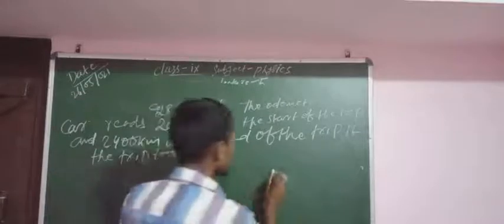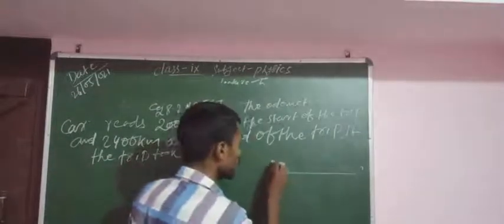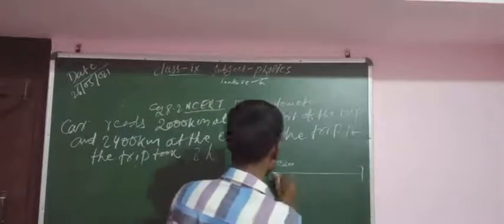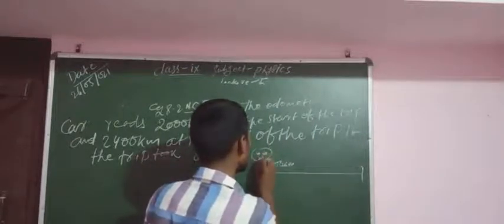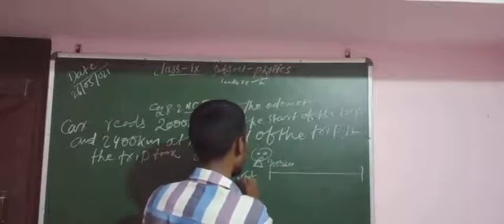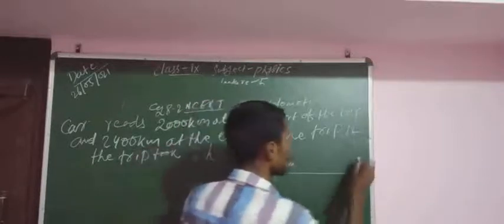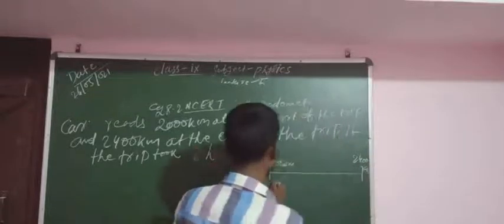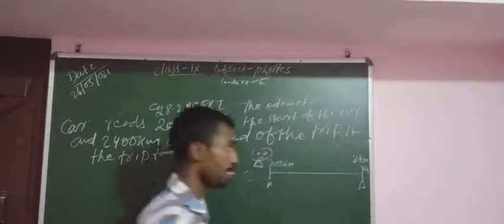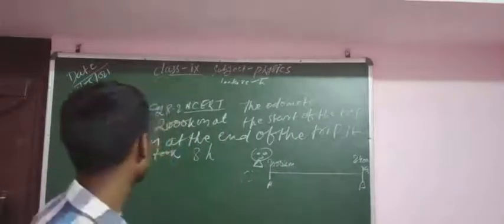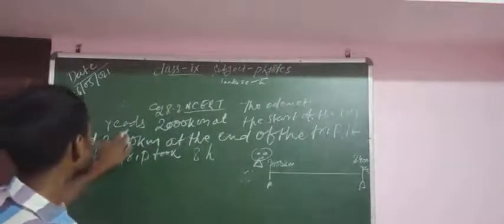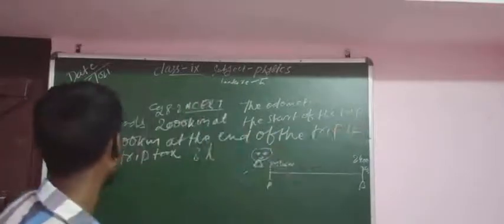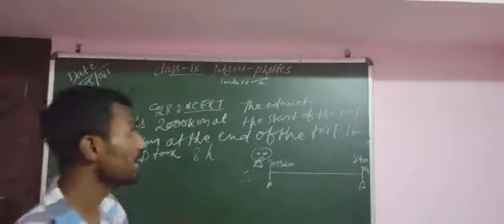The odometer shows 2000 kilometer at the start of the trip and 2400 kilometer at the end of the trip.